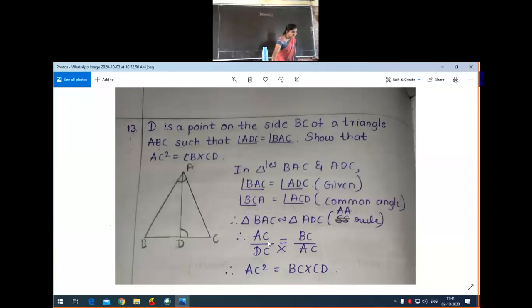So now observe the trick: AC into AC, AC square, is equal to BC into DC, that is BC into CD. Hence we got the proof.